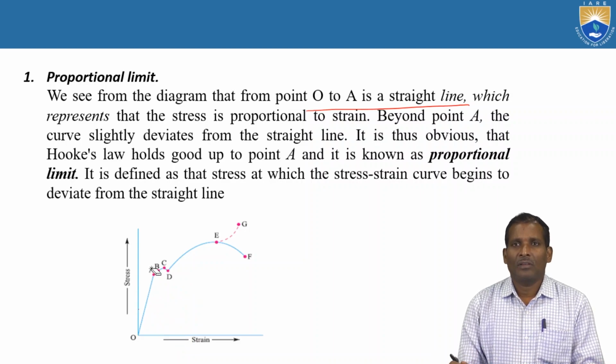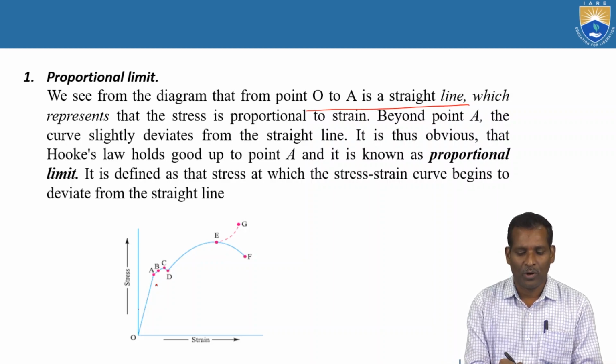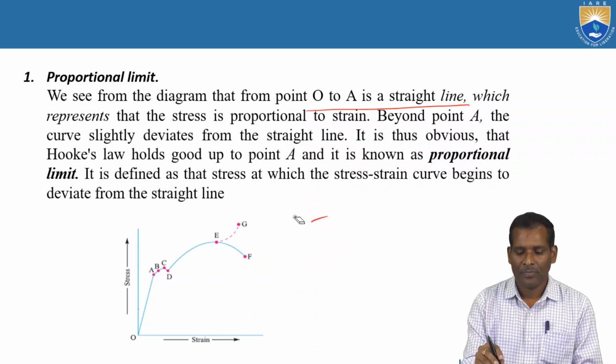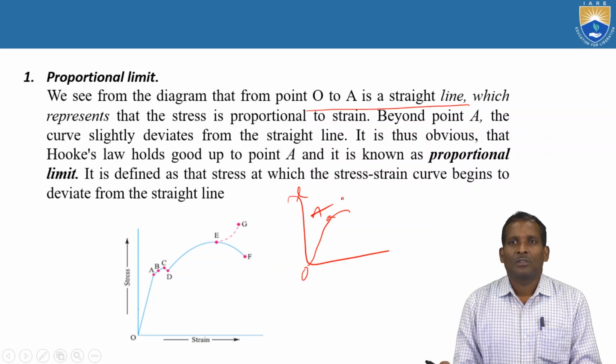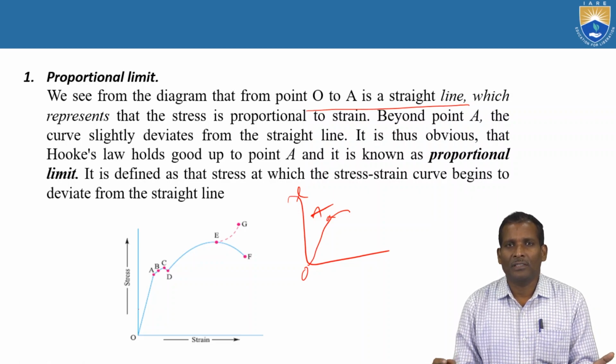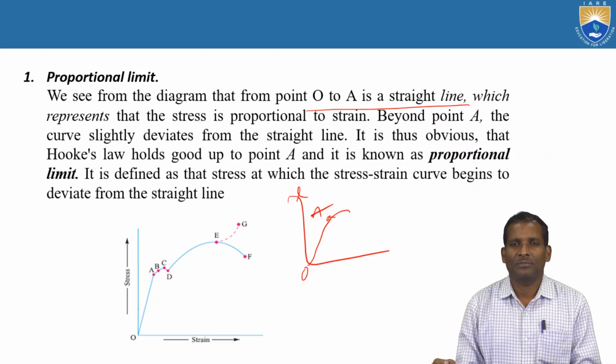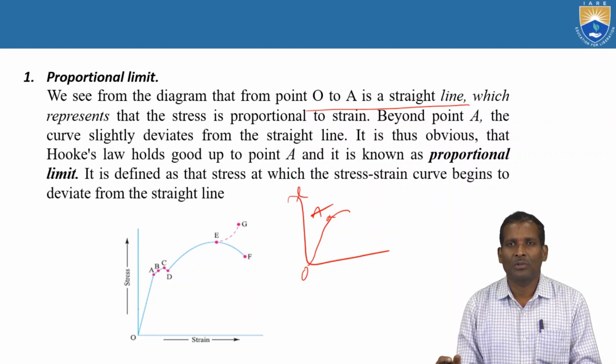The curve slightly deviates from the straight line beyond point A. See here, the curve slightly deviates after this, from zero to A. So it maintains Hooke's law and holds good up to point A, and it is known as the proportional limit.